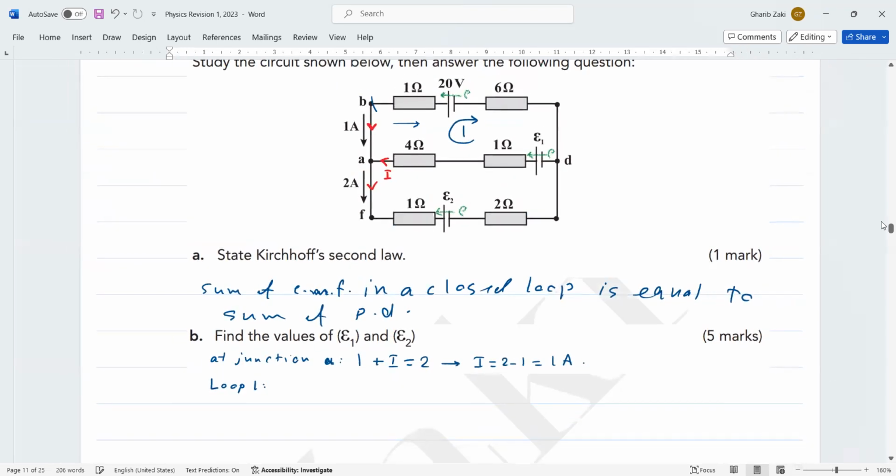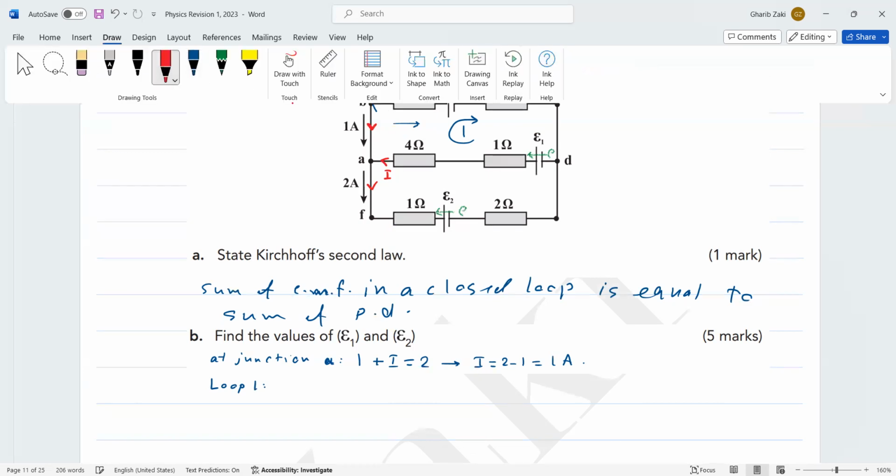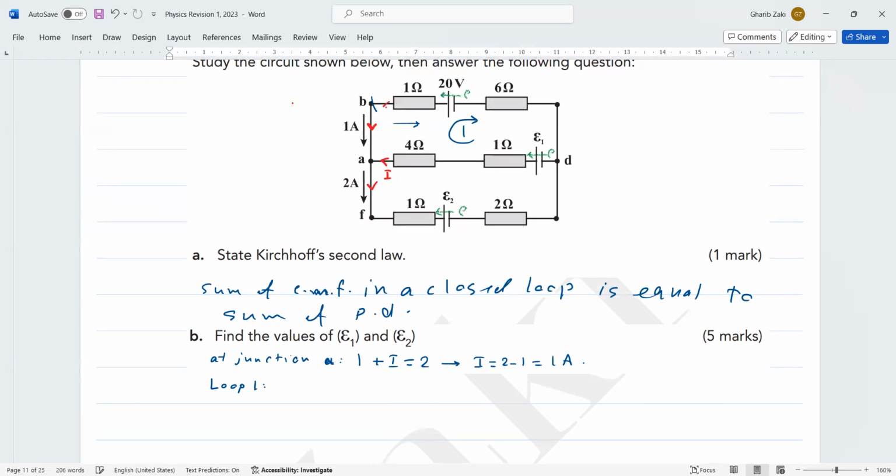Now, in case of resistance, it will be negative. So the current here, can you see? This is the direction of the current. The current is opposite to the direction of the loop. If the current is opposite to the direction of the loop, we put one more negative.